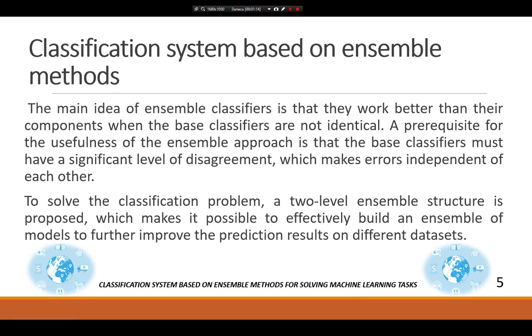The main idea of ensemble classifiers is that they work better than their components when the base classifiers are not identical. A prerequisite for the usefulness of the ensemble approach is that the base classifiers must have a significant level of disagreement, which makes errors independent of each other.